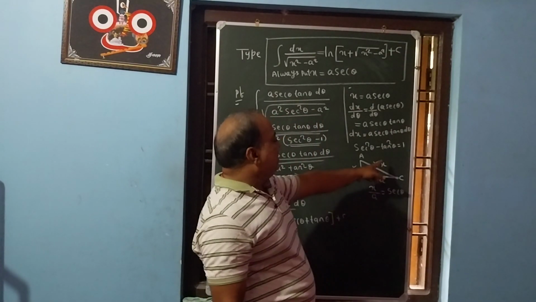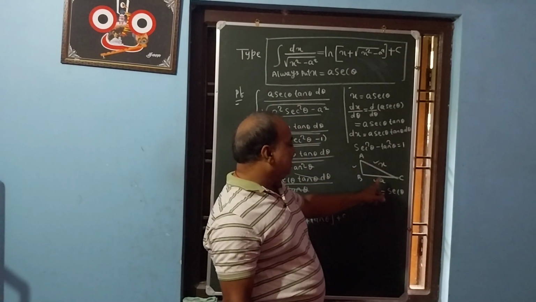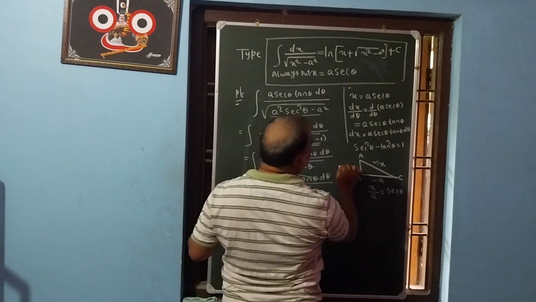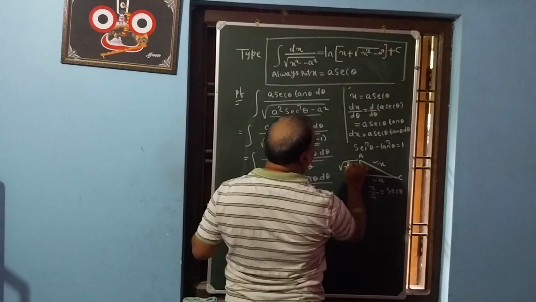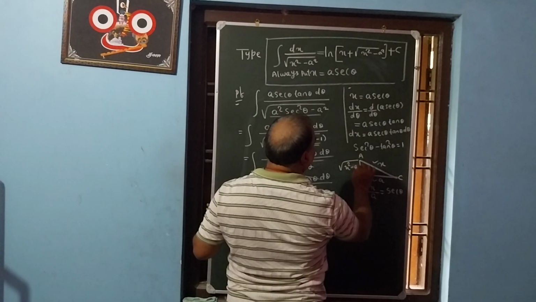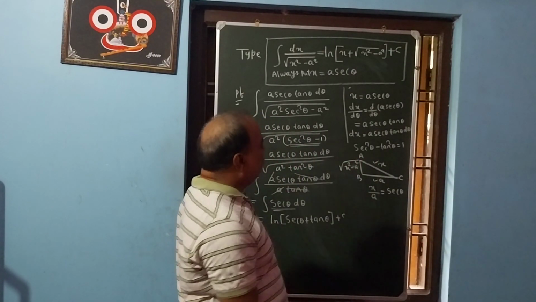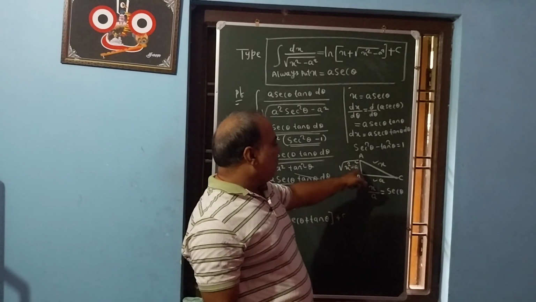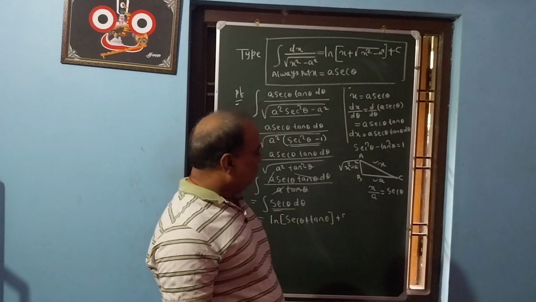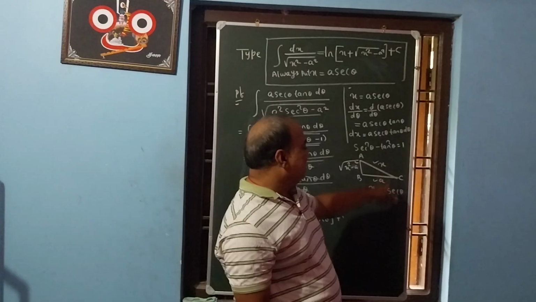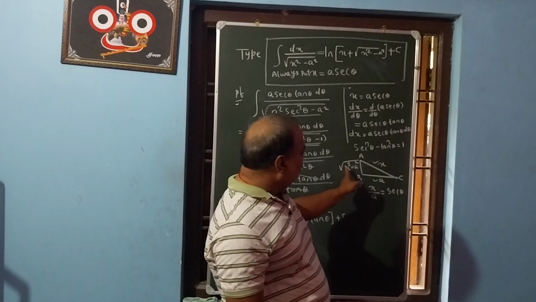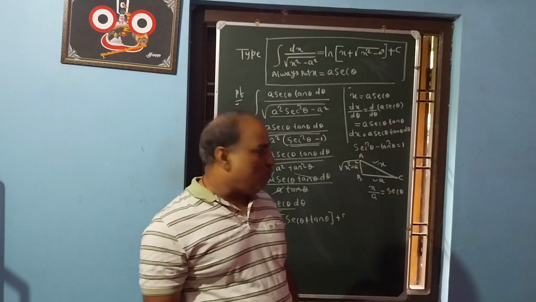When hypotenuse and base are given, then P can be found by the Pythagoras theorem, that is root over x square minus a square. When hypotenuse is x and base is a, the perpendicular is root over x square minus a square by the Pythagoras theorem.